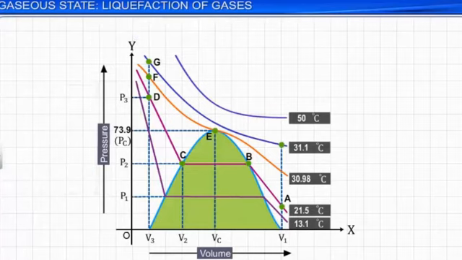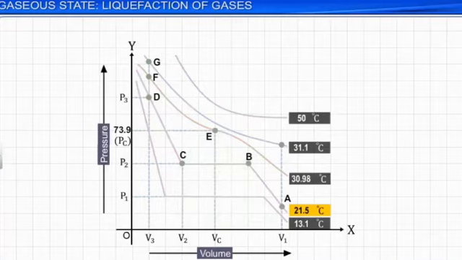Observe the isocurve at 21.5 degrees Celsius. At low pressure, carbon dioxide exists as a gas at point A.